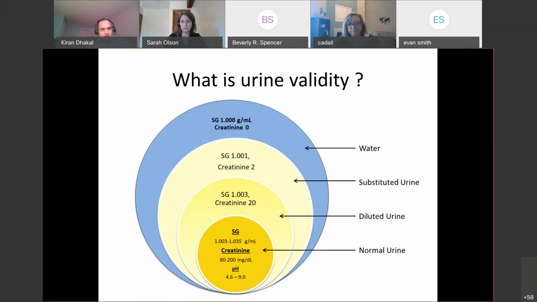What is substituted urine? When creatinine concentration is less than 2 and the specific gravity is close to water, it is substituted urine. And the outer circle shows the water, which has creatinine 0, no creatinine, and a specific gravity of 1, as compared to urine.